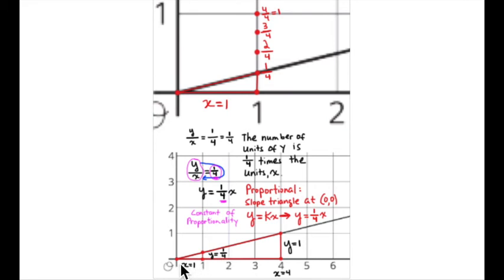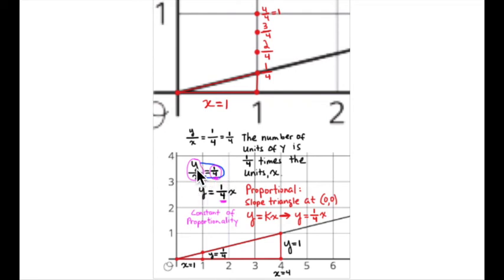It also begins at 0, 0. That means it's a proportional relationship. So if you double x, you're going to double y. If you multiply x times 4, you're going to multiply y times 4. And 4 times 1/4 certainly is 1. Proportional relationship starts at 0, 0. That means the equation is going to be y equals kx. y over x is equal to 1/4.